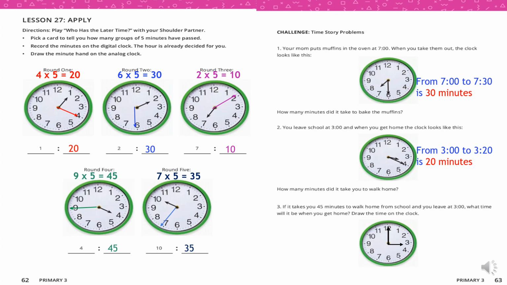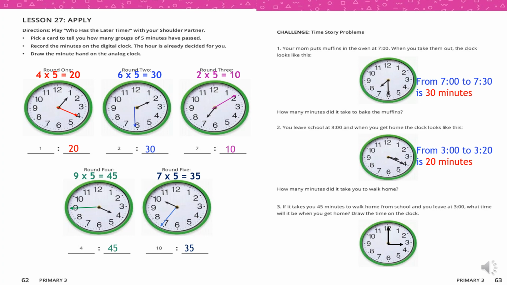The short hand on 3 and the long hand on 12. This is 3 o'clock. And 3 o'clock plus 45 minutes will be 3:45. So the long hand will move from 00 at 12 to 45. 45 at which number?